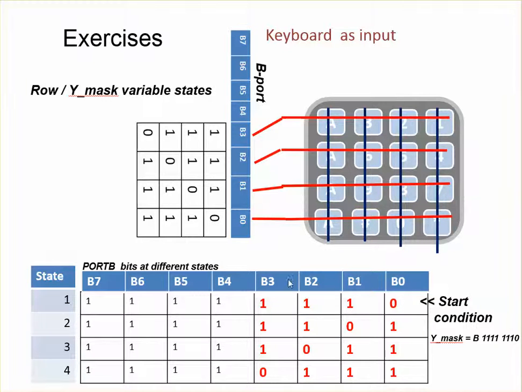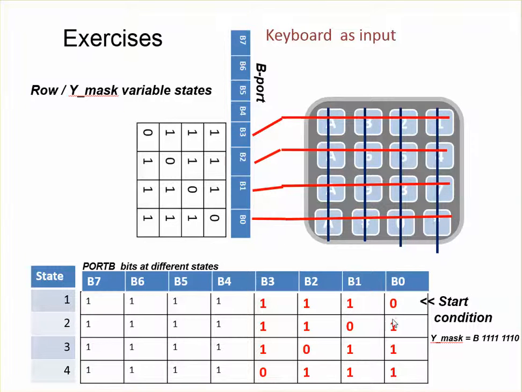Now if we send this mask variable value to port P, then of course the P port statuses are the same as the content of the mask variable. So in the start condition this lowest row is 0 and the others are logical 1s.